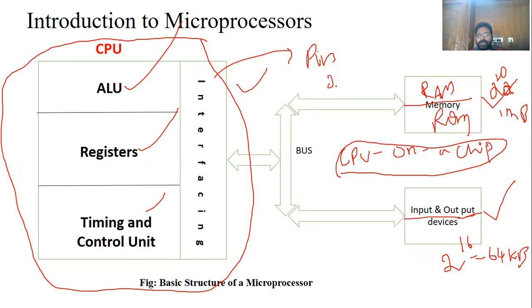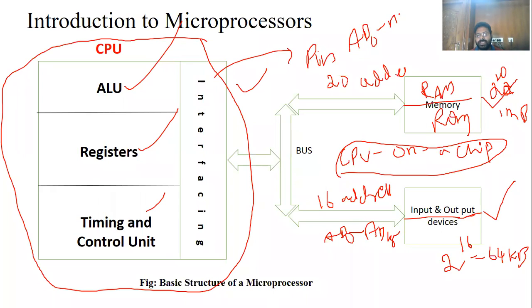Because here we are using 20 address lines, and here we are using only 16 address lines. For memory we use AD0 to AD15 lines and at the same time A16 to A19 lines.